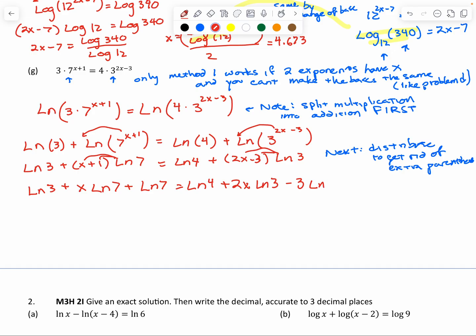And then the same thing on the other side. Okay, so now what do I have? I have two terms that have x. They need to be on one side of the equal sign. Everything else needs to be on the other side.